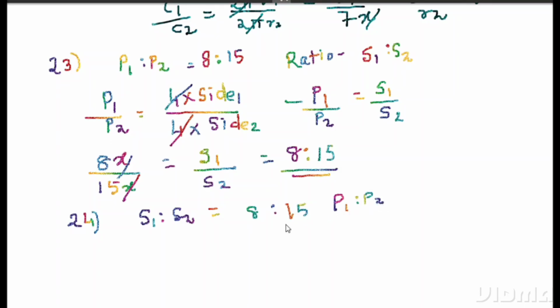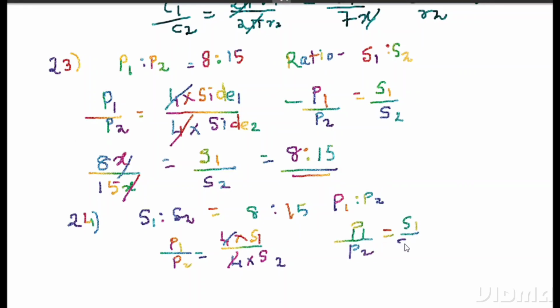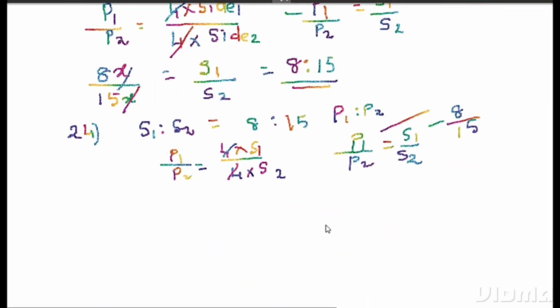Can I write P1 by P2 is 4 times S1 by 4 times S2? So again 4 gets cancelled. So P1 by P2 is equal to S1 by S2. Now S1 by S2 is given to you as 8 by 15, so that is also the ratio of P1 by P2, because both are equal. So this was the 24th question.